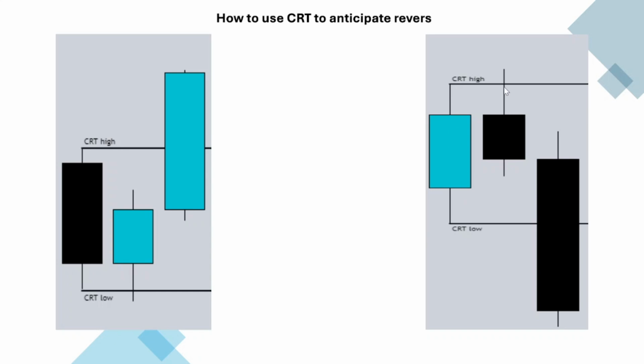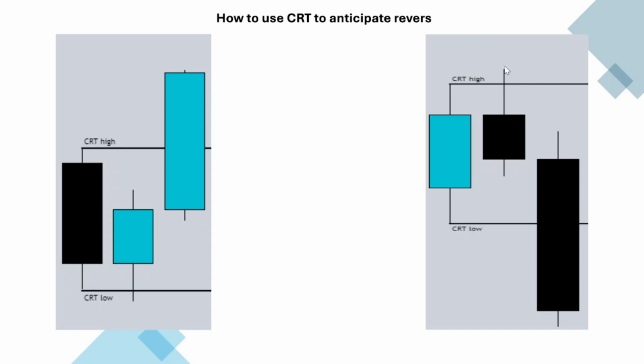You want the second candle to run the first candle's high and close inside the range of the first candle. Then after closing inside the range, you anticipate the third candle to drive lower, running the candle's low. That is the main thing about CRT. It's the same thing as turtle soup, which I mentioned earlier. The second candle is doing the turtle soup, running the first candle's high.